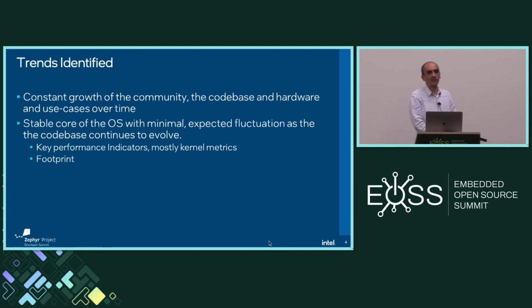You will also see that it is fair to say that we have a stable core of the OS. There are a lot of fluctuations here and there, but things that are manageable and usually expected. And it's not always going in the negative side. We actually have very good improvements over time. I will show a few of them.